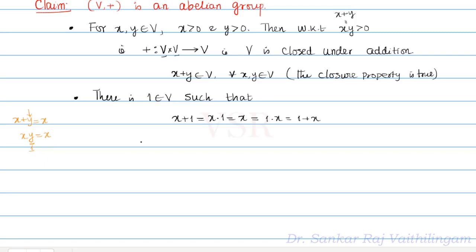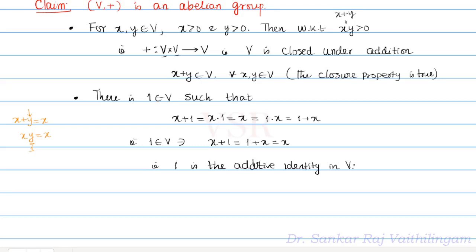So 1 belongs to V such that x plus 1 equals 1 plus x equals x. That is, 1 is the additive identity in capital V.